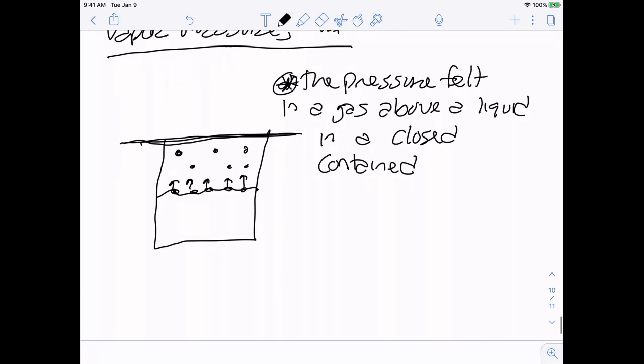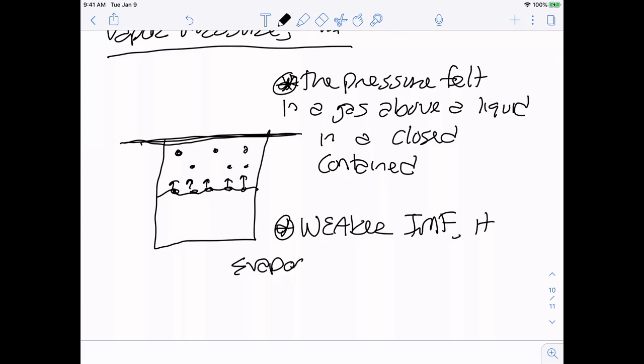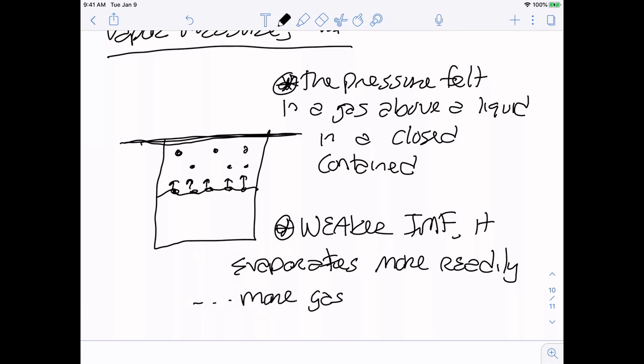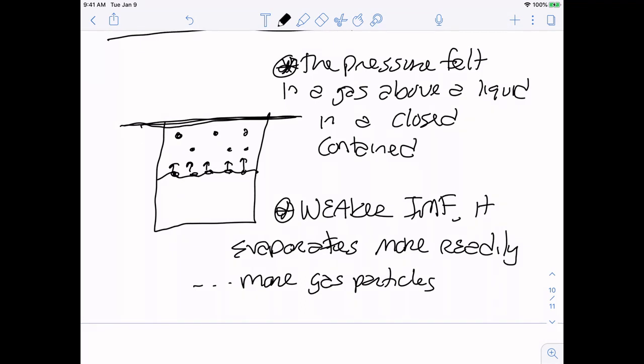So what happens is if we have weaker intermolecular forces, my connections are not very strong, it evaporates more readily, so easier, which means we have more gas, which means we're going to have higher vapor pressure.